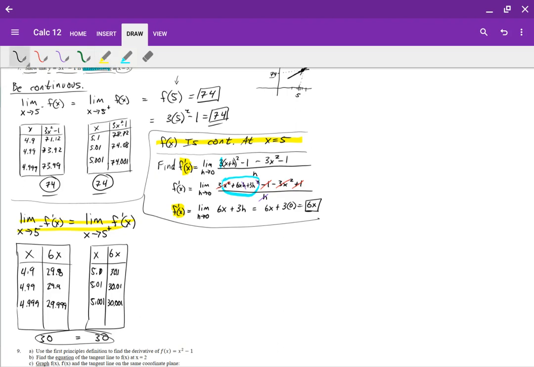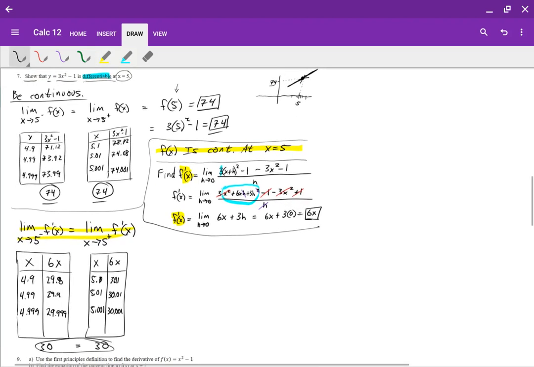Basically, we've demonstrated that it is differentiable. And just as a quick note, this, like I said before, shows that there's no breaks in the line, and this shows no bends in the line.